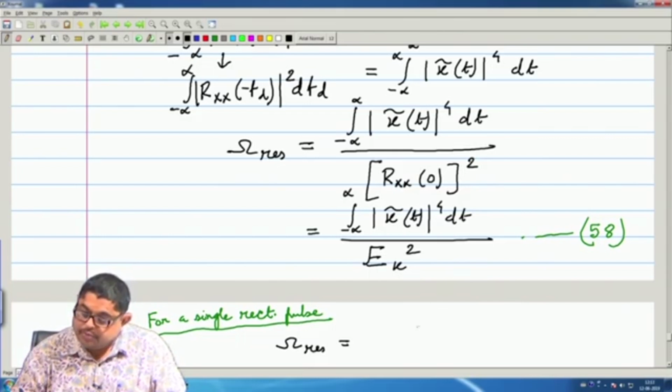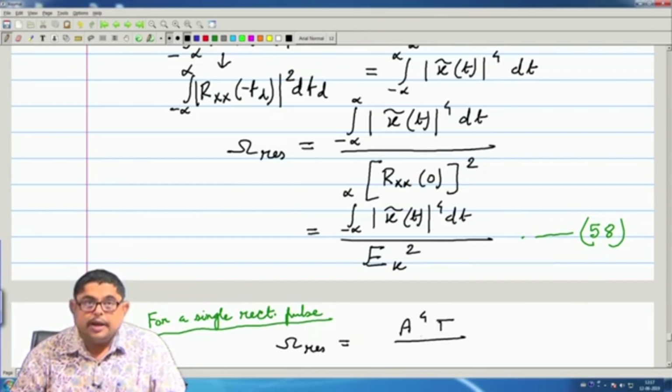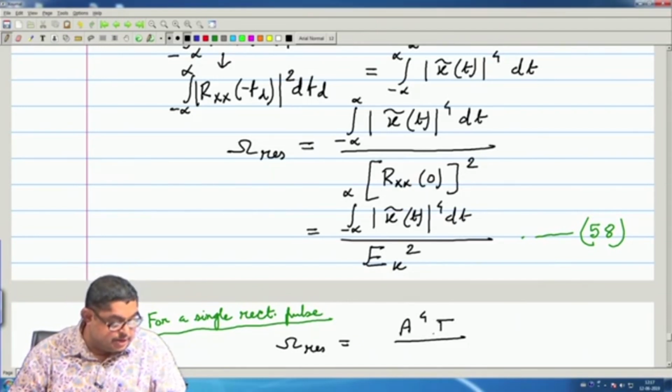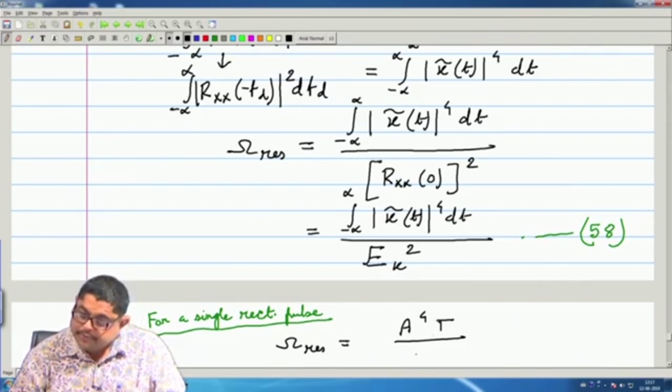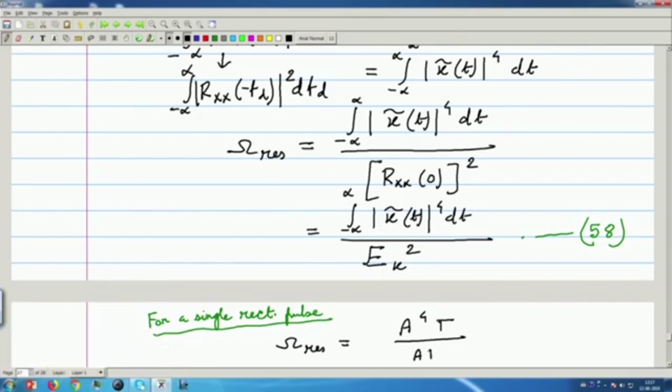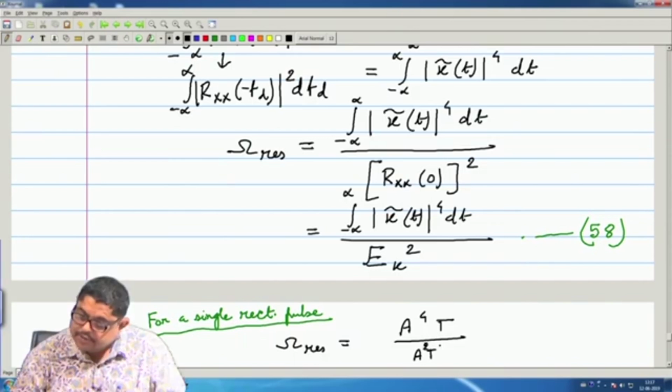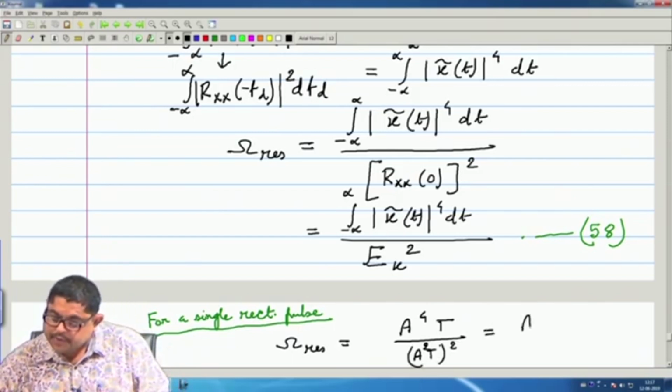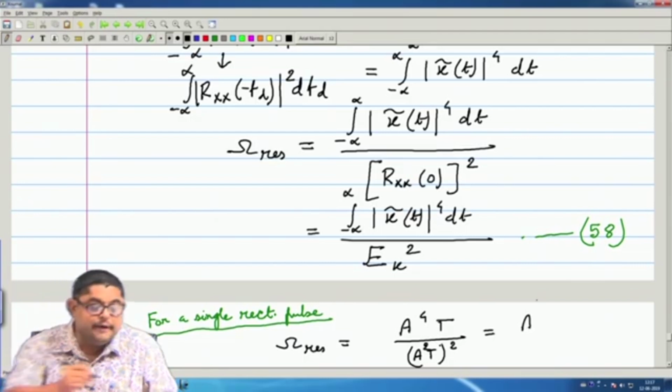So I can say this will be a to the power 4 t, and the energy of the signal is a t s square t whole square. So this will be 1 by T.